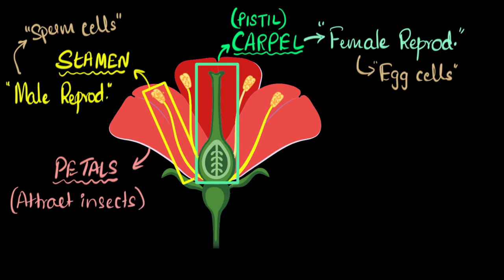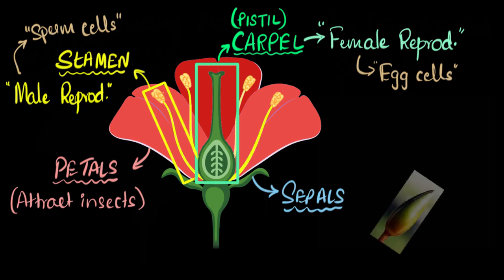And finally, that brings us to the 4th part, the sepals. The sepals play an important role in protecting the flower even before it blossoms. You might know that before the flower blossoms, it's a bud, right? And so what's covering that bud? It's the sepals. It's the sepal that protects the things inside from maybe getting eaten or anything.